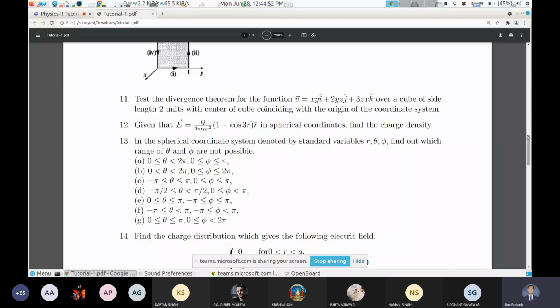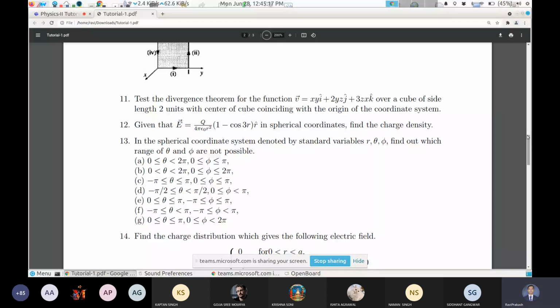Similarly, check whether 13c, d, e, f, g are allowed ranges or not. These ranges must cover the entire sphere only one single time. If it is covering it more than one time, the range is not allowed. Or if somehow it does not cover the whole sphere, then also it is not allowed.